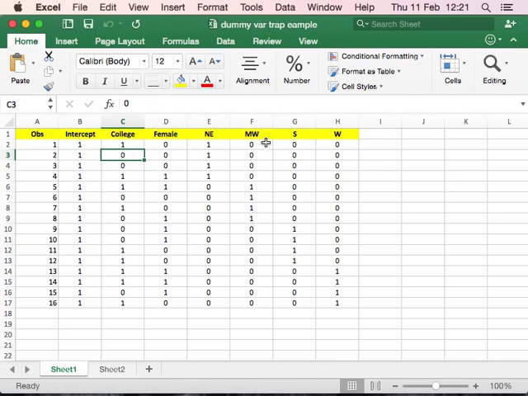Person number 2 doesn't have a college degree, is male, from northeast, so on and so forth. Now, person number 5 has a college degree, is female, is from Midwest, and 0. So you see, each person will be from one of these regions, right? And I have 4 regions here.